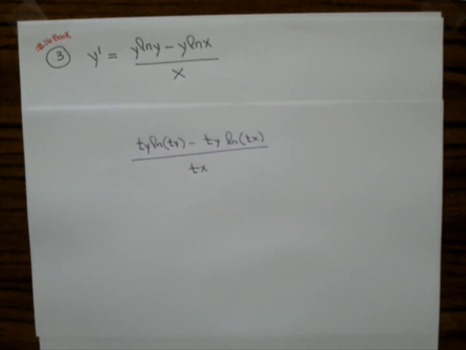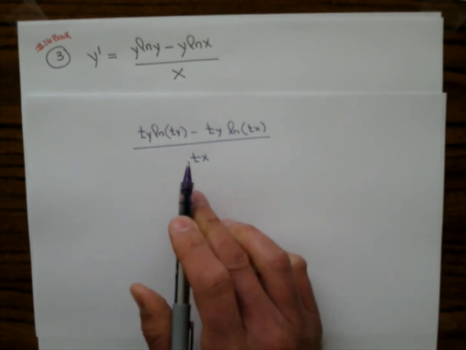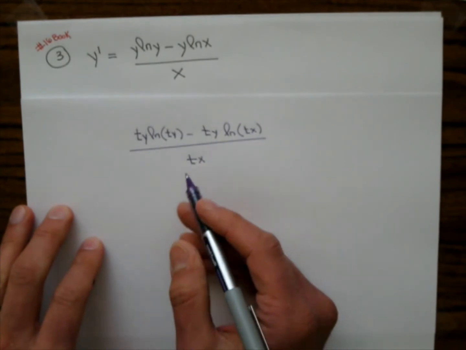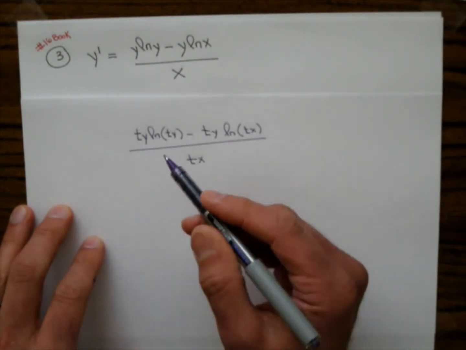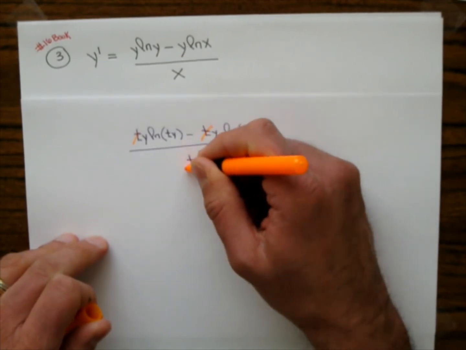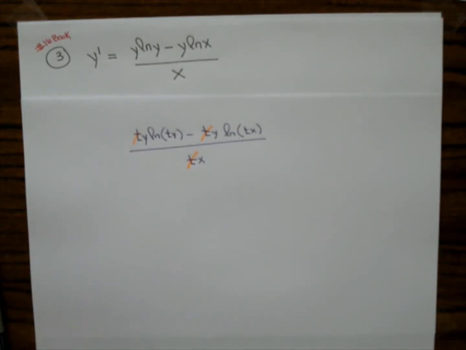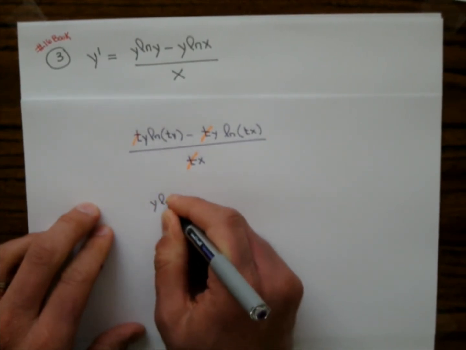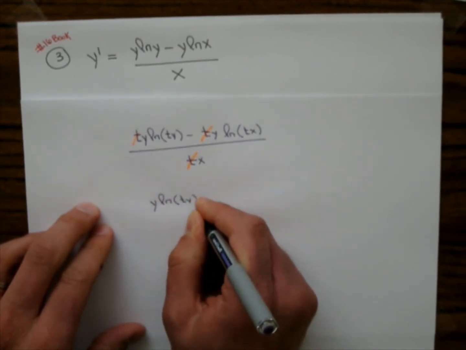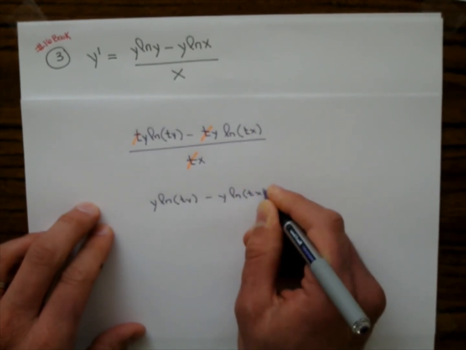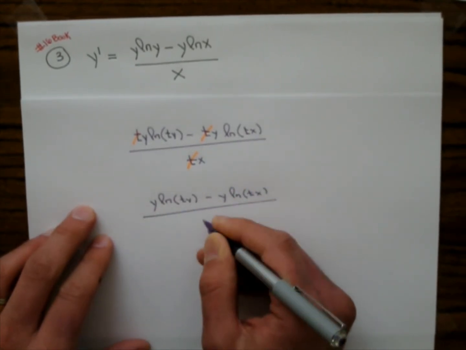Okay, so what do we have here? I can factor a t out. So if I factor that t out, it's going to cancel with that t. And then we have y ln ty minus y ln tx all over x.